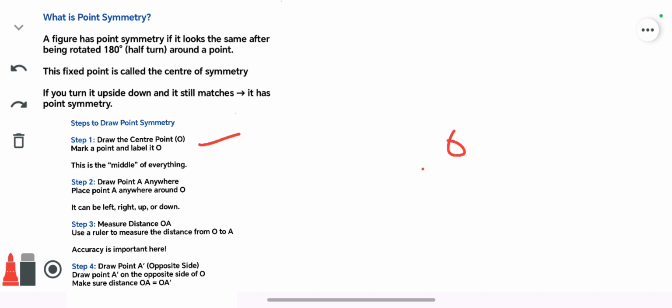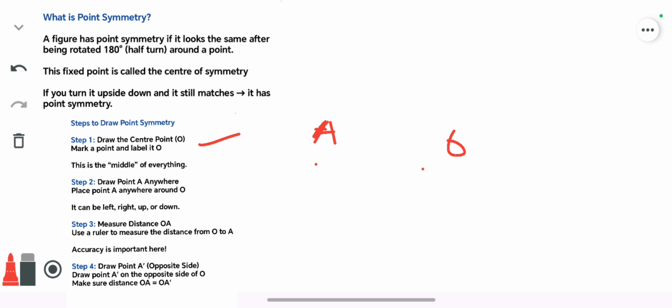Okay. So again, step two says draw point A anywhere and place point A anywhere around O. So for my case, I'm going to draw a point here and I'll label it as A. You can do the same.